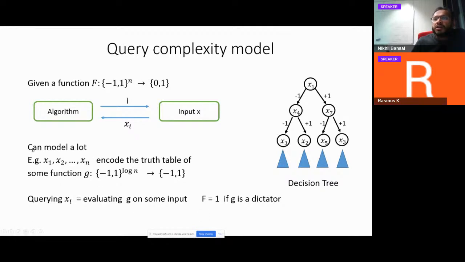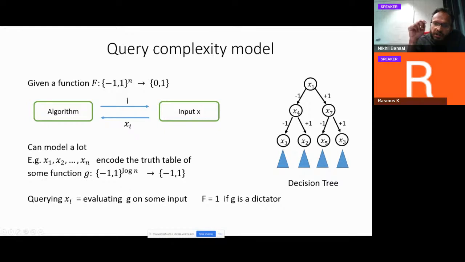In particular, you can view this as a meta problem which models a lot of things. So let me tell you what I mean by this. Let's say you have some function f on n input bits, x1 through xn. Now you can think of this x1 through xn as actually encoding the truth table of some function g on log n bits.